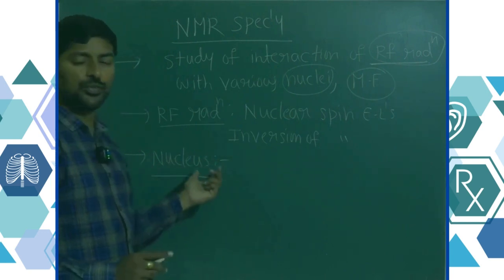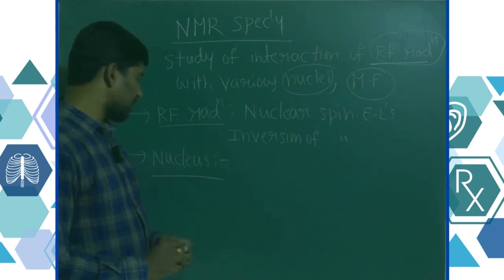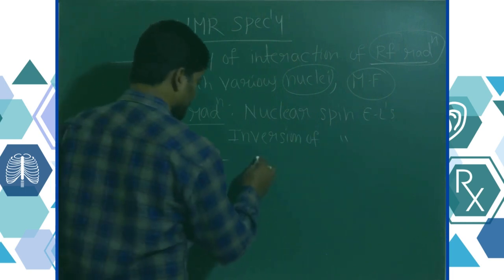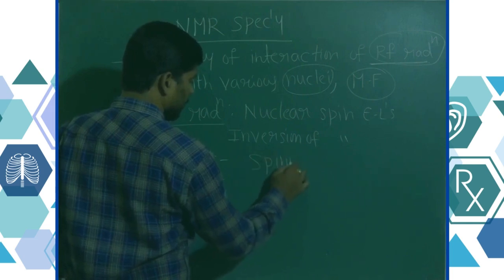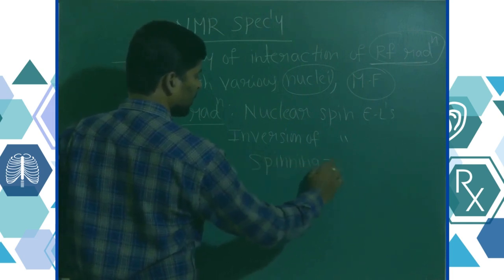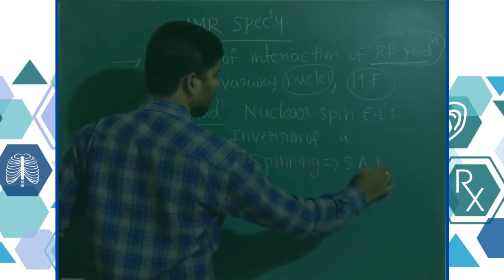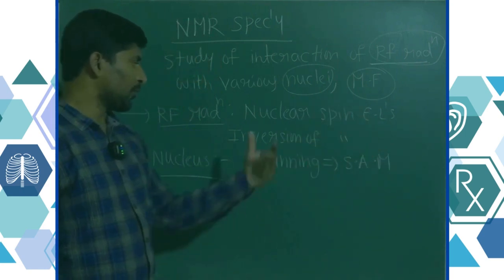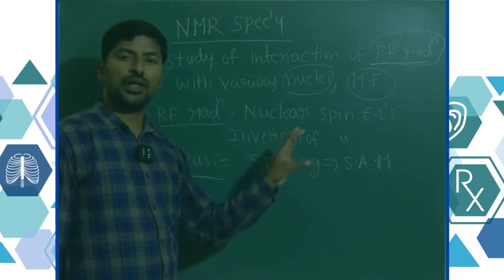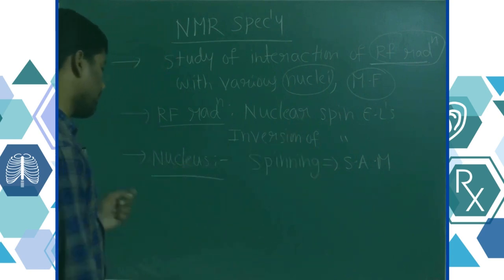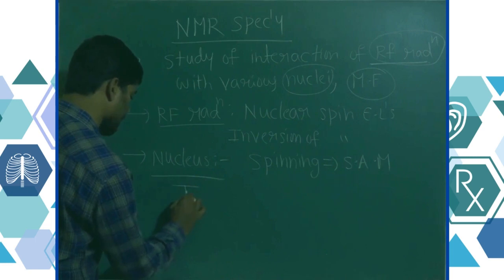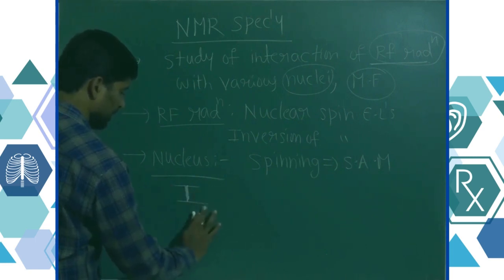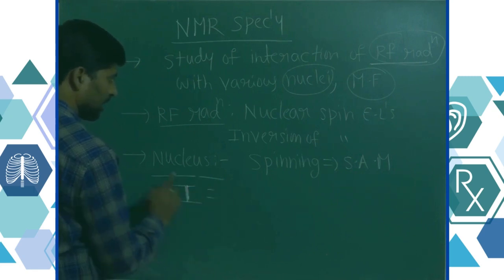So we know nucleus possesses both protons and neutrons. Nucleus has the property of spinning, so therefore it possesses intrinsic spin angular momentum. Similar to orbital angular momentum or electron spin angular momentum, nuclear spin angular momentum is given as, I am indicating with I, this is the nuclear spin angular momentum.